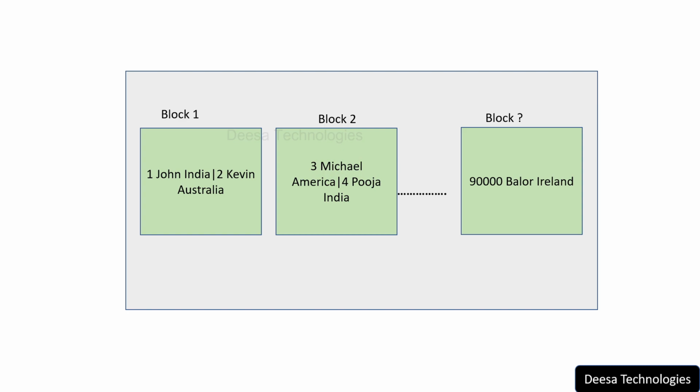Now what is the advantage of storing the data in this format? Let's say I want to get the details of ID 1. I want to get the ID, the name, the country, all the details. In this example, we just took 3 columns, but just imagine you have like 100 columns. All those 100 columns of data are stored in one particular block.